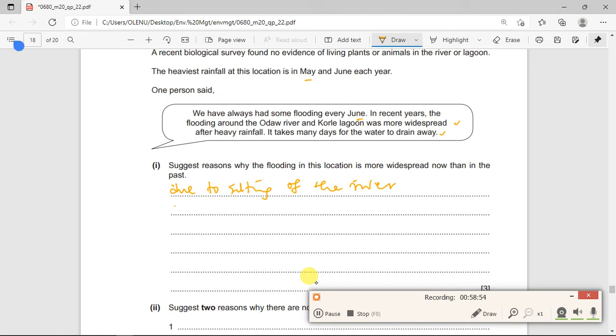There is not enough money to actually drain the river, so there is poor drainage within the area. Another reason can be that the land is saturated with a lot of water, so it will be easy for most of the water to flood the surface.